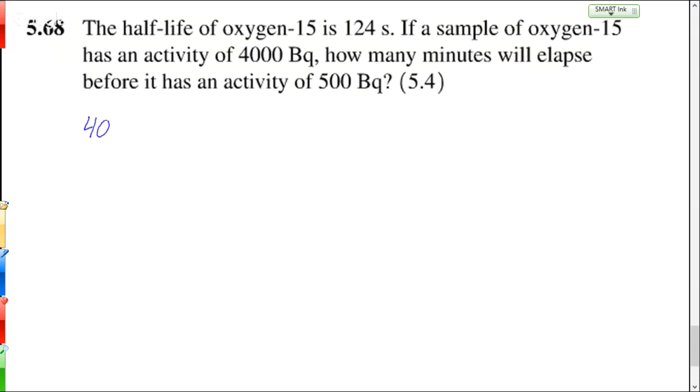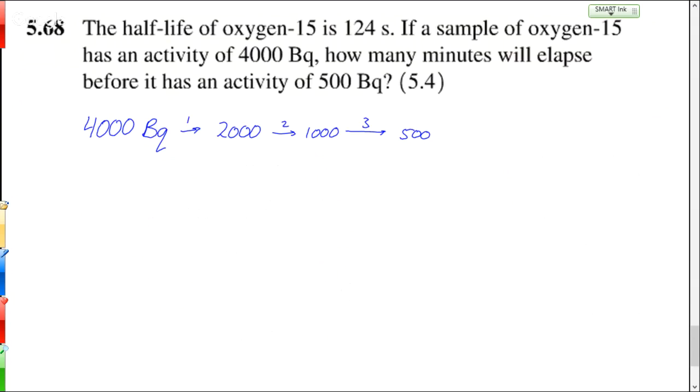So 4,000 becquerels. If we keep cutting it in half, and we just count how many times we cut it in half, we get 2,000. We cut it in half again, we get 1,000. Cut it in half again, you get 500. Not 5,000, 500.